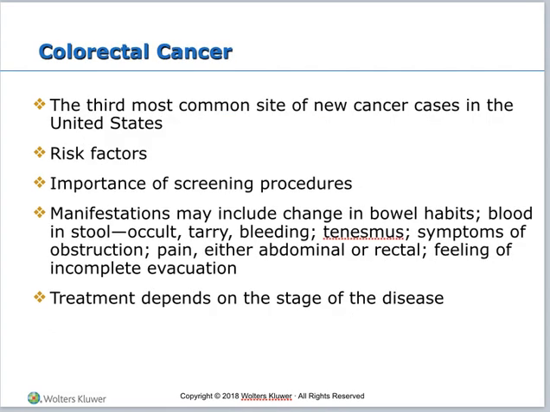Now, colorectal cancer. It's the third most common site of new cancers in the U.S. The big red flags for colon cancer is blood in the stool, symptoms of an obstruction, which would be the tumor, and then the treatment depends on the stage.